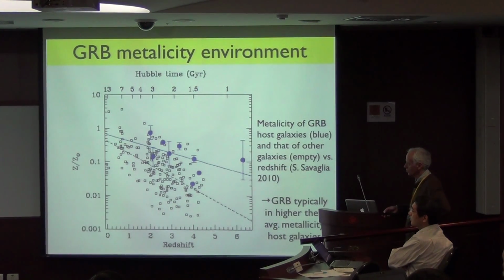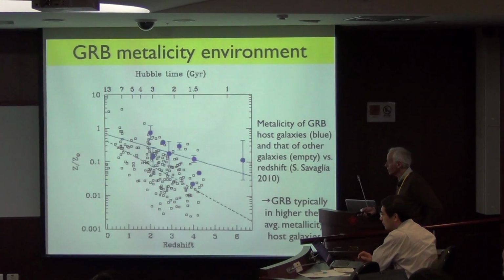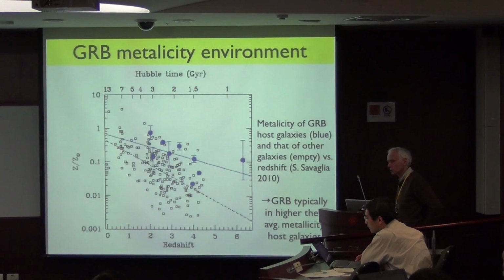So these are the metallicity of the average galaxies, and these the metallicity of the GRB host galaxies. They appear to arise in more metal-rich host galaxies at the same redshift.